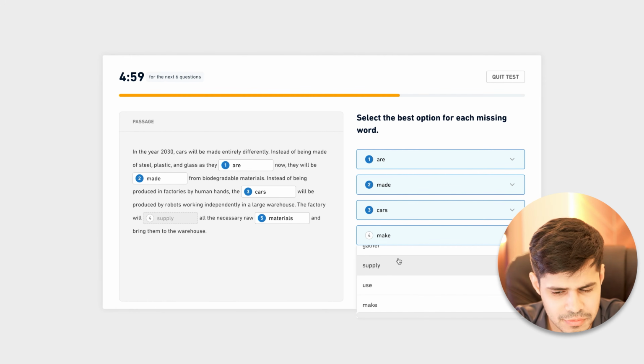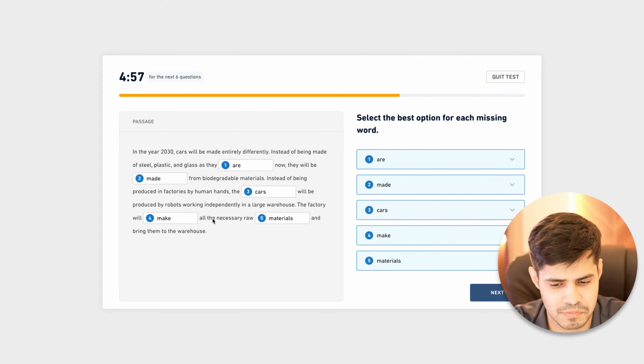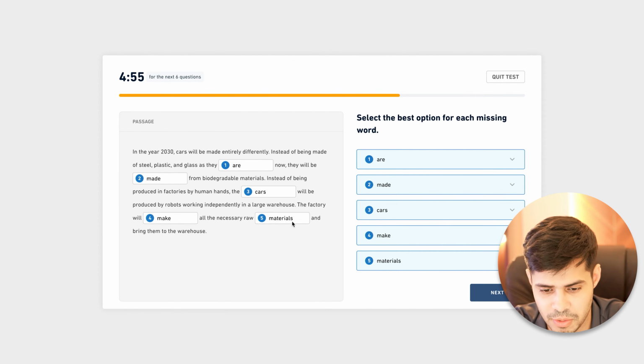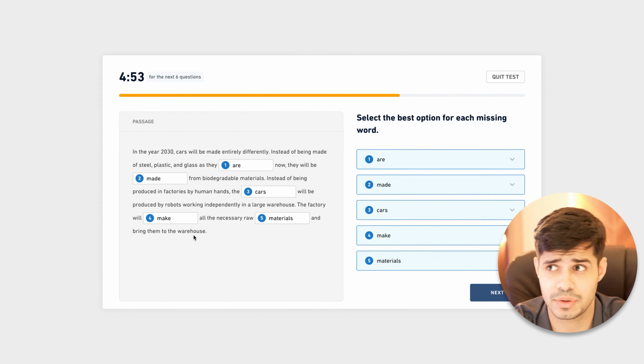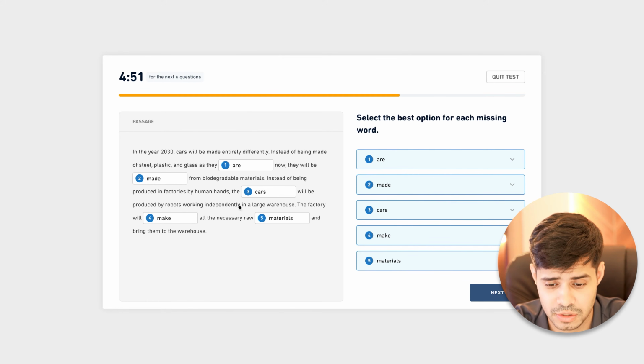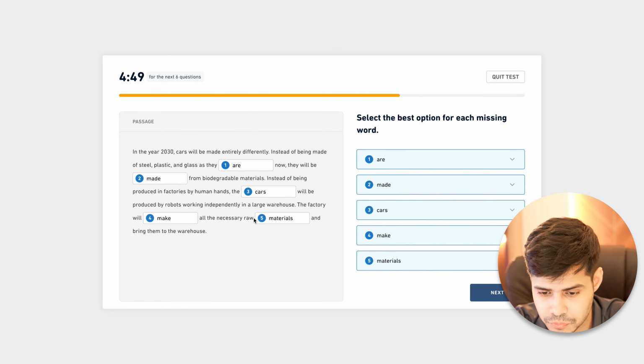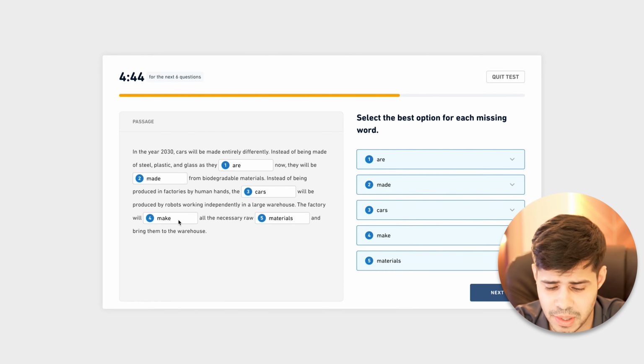No, I think it's make all the necessary raw materials and bring them to the warehouse. Okay. Because if it supplies them, then let's see. If it supplies them, then all the will supply all the necessary raw materials.